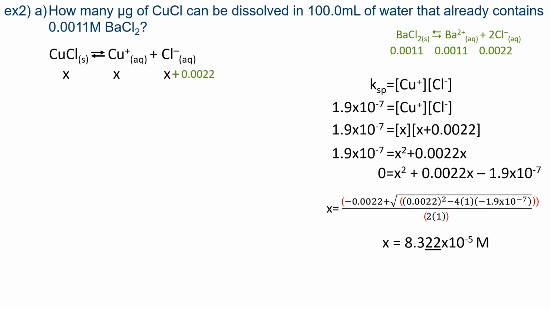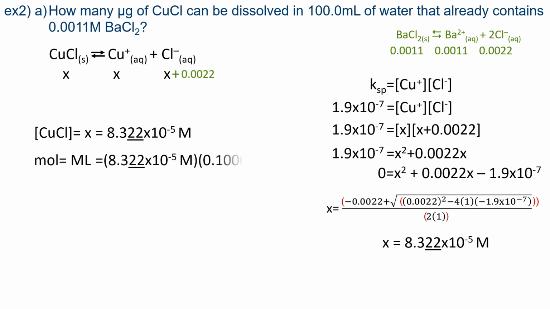And we're going to finish this question off just like we did the previous question. We wanted to know how much CuCl. Well, we said CuCl is equal to X. We know that molarity equals moles over liters, so the moles of CuCl will be molarity times liters.